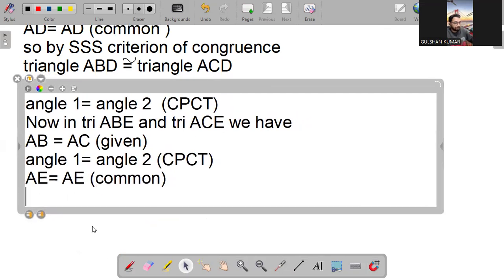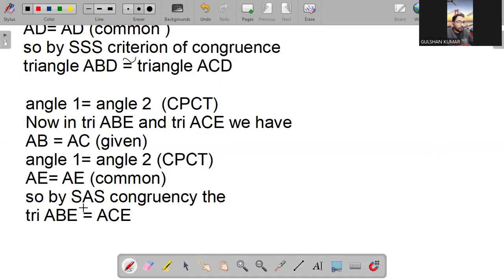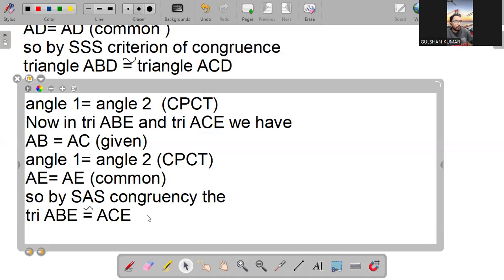So by SAS congruency, triangle ABE is congruent to triangle ACE.